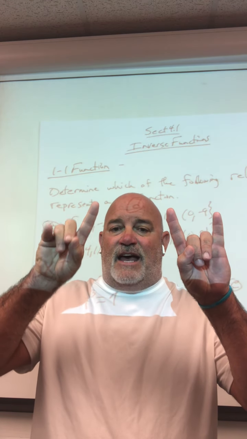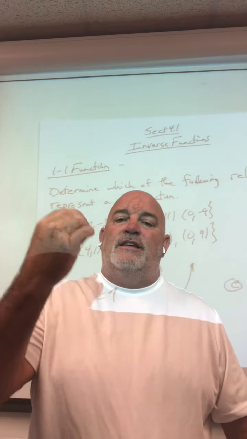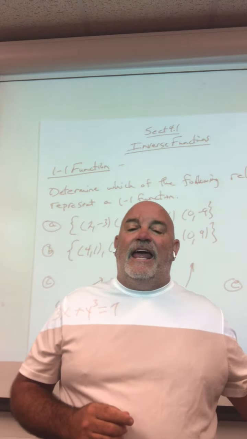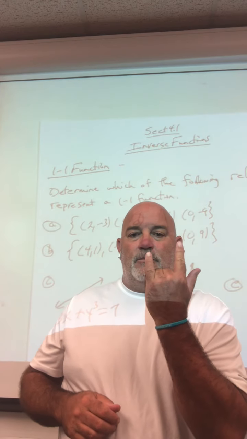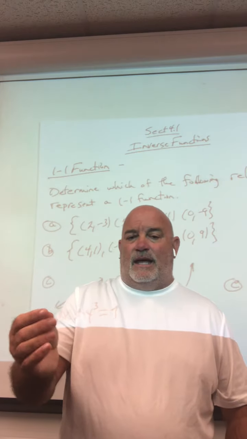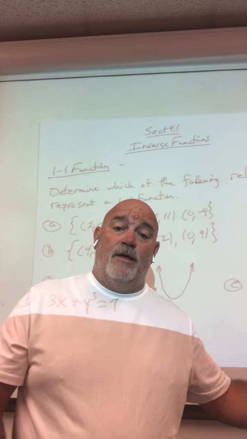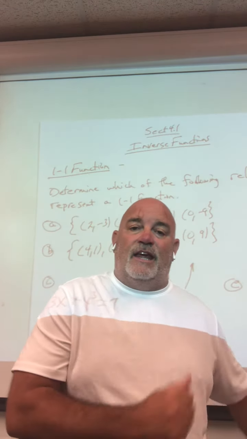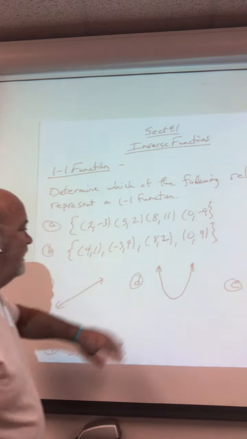If x is 7 and y is 10, so if you have the ordered pair 7, 10, what would a function that inverts it do to that ordered pair? It would swap your numbers around. So if you have 7, 10, the inverse function would give 10, 7. If you have 3, 5 in a function, what would you have in the inverse function? 5, 3.